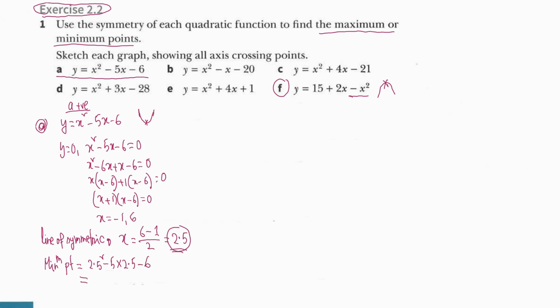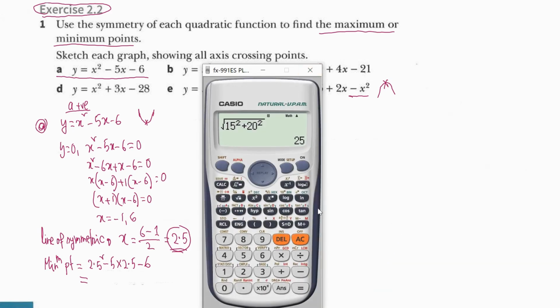Let me calculate using the calculator. We get minus 49 by 4, or we can write minus 12.25.